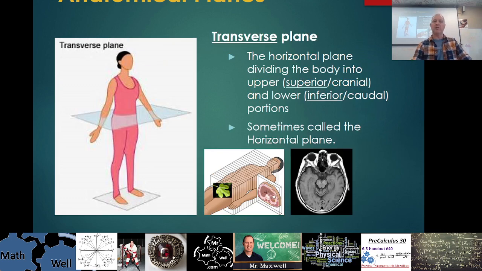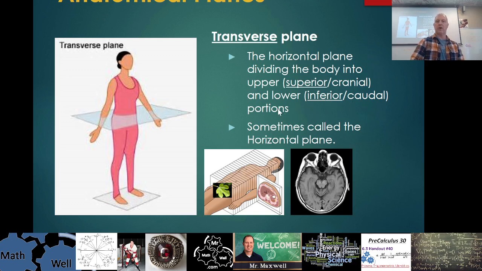Okay, the transverse plane. Transverse is the horizontal plane, dividing the body into upper, and the upper is also called the superior. Okay, so superior is above, upper, or the cranial, where your head is on the top, cranial, and lower or inferior, and I think that's caudal, C-A-U-D-A-L, caudal positions.